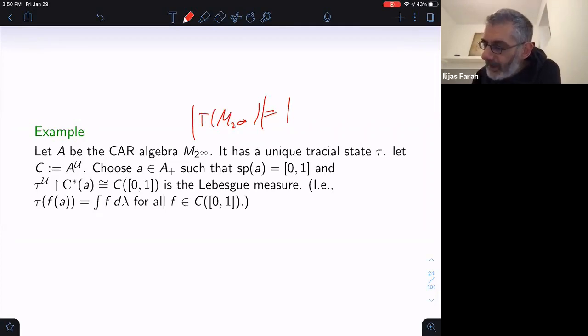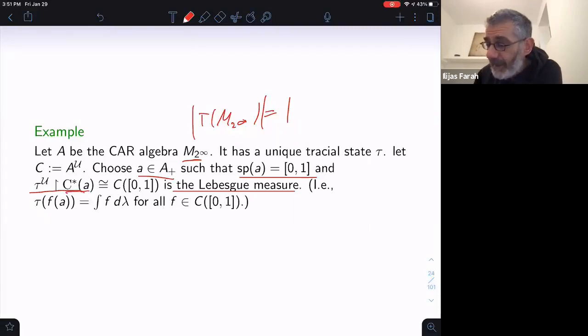Choose any a in A_+, so A is the C*-algebra, which is a positive contraction, so it has spectrum [0,1]. And also I want this tracial state restricted to C*(a) to be the Lebesgue measure. What do I mean by this?